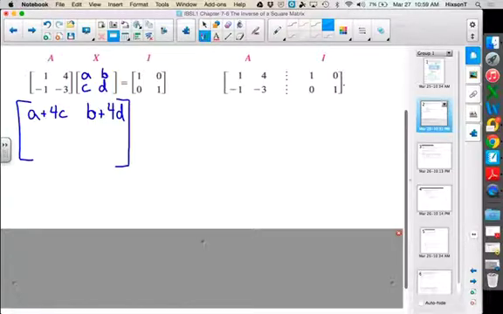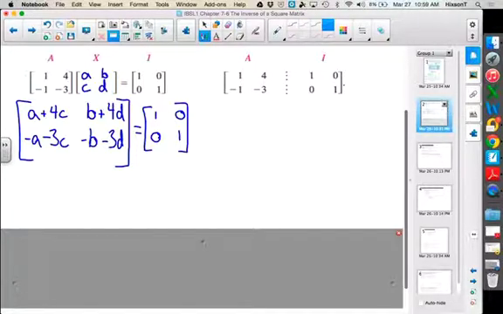Now I'm doing second row, first column. -A minus 3C. Okay? And then second row, second column is going to be -B minus 3D. Okay? Now, that is supposed to equal 1, 0, 0, 1. Right?